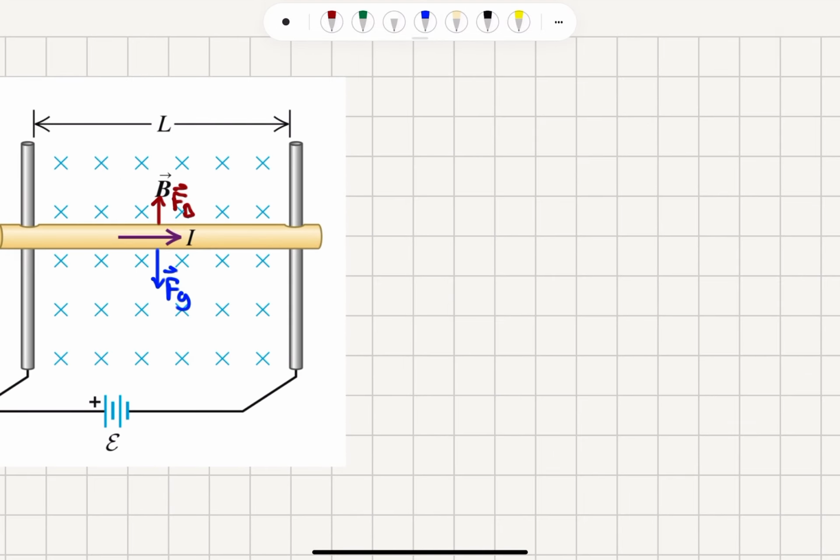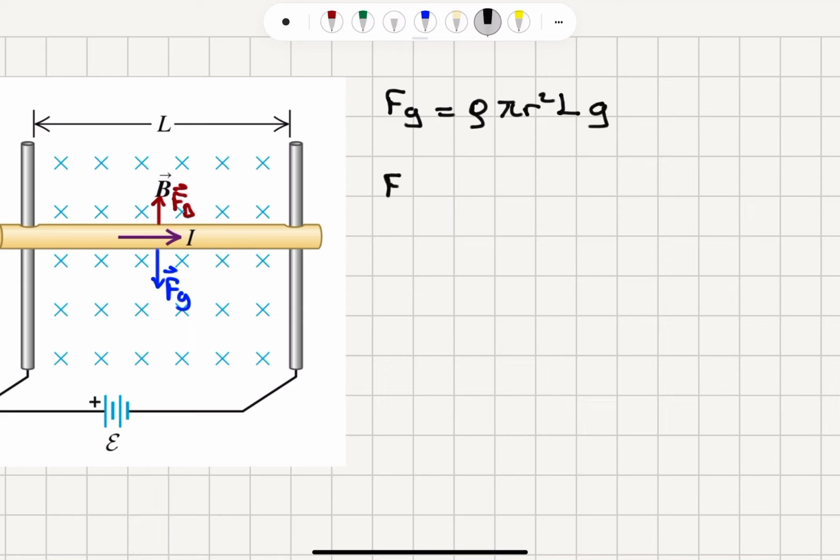All right. Now, what is the magnitude of the gravitational force? It is the weight of the copper bar, which is the density multiplied by volume, which is pi r squared, where r is the radius, the area, multiplied by length, that's a cylinder, and multiplied by gravitational acceleration.